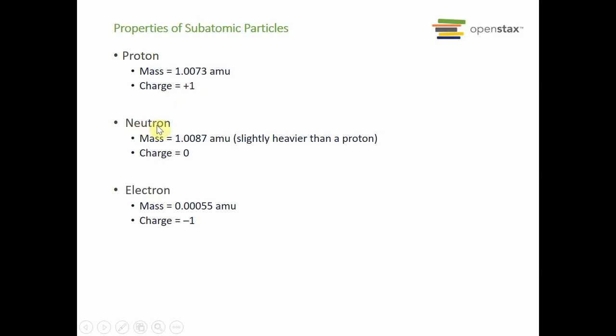The neutron has a mass slightly greater than the proton, with a charge of 0, and the electron has a very, very tiny mass, about 1/2000th that of the proton, and the charge is a -1.